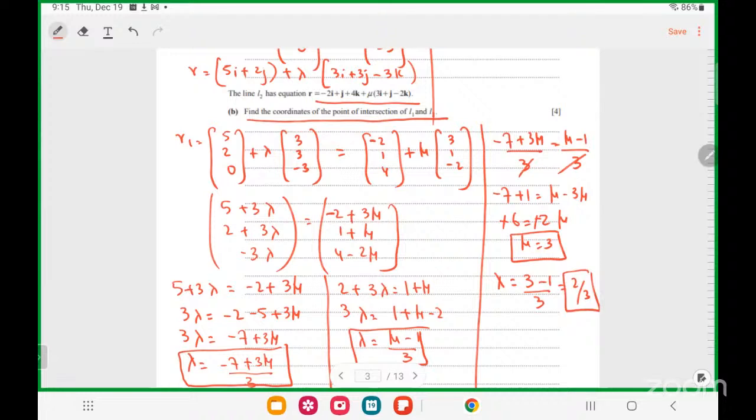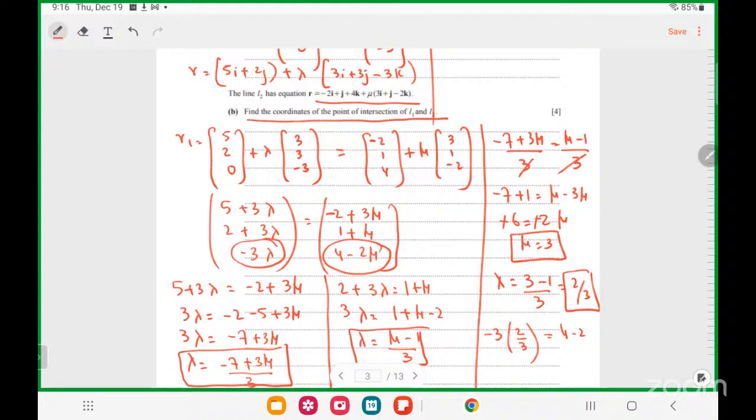Now let's check by putting it into the third equation. Minus 3 lambda, that is 2 upon 3, and 4 minus 2 mu. Lambda is mu minus 1 upon 3, that is 3 minus 1 upon 3.